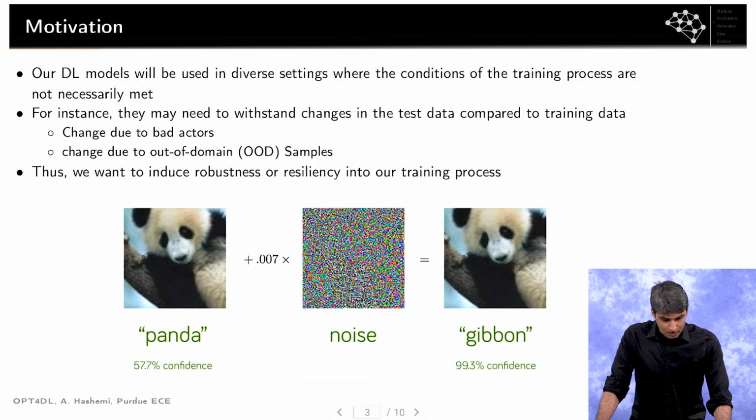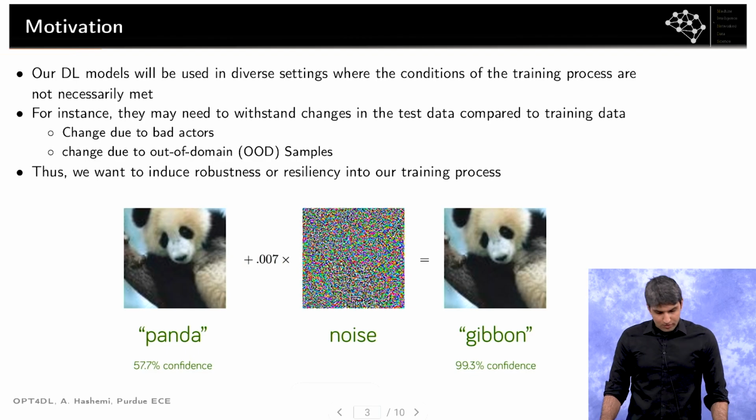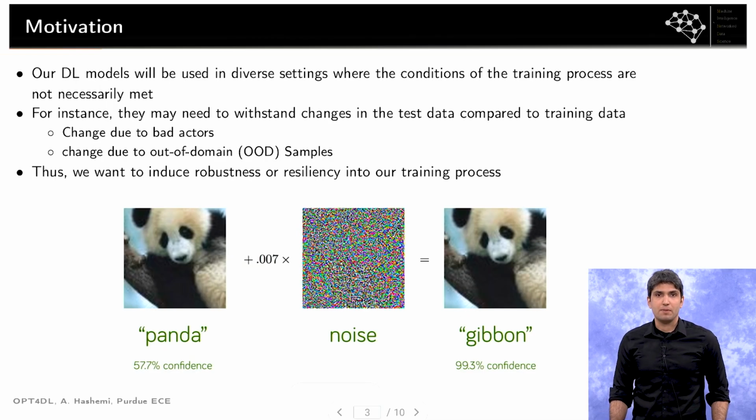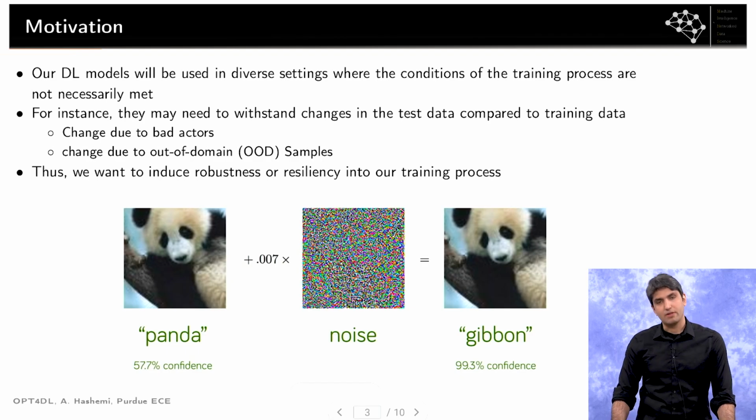So our motivation is to make sure that when we train our deep learning models, we account for the fact that there could be changes in the data or in the distribution of the data. By doing so, we want to introduce some notion of robustness or resilience into our training process.